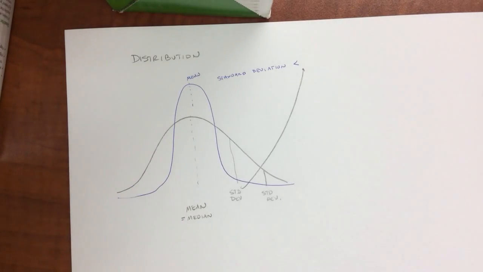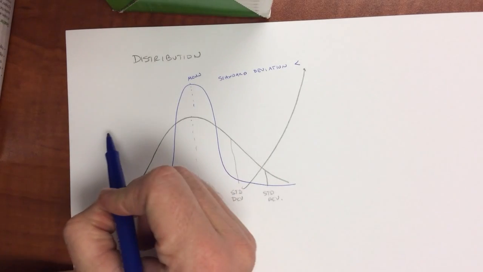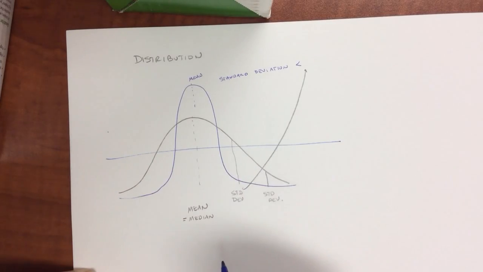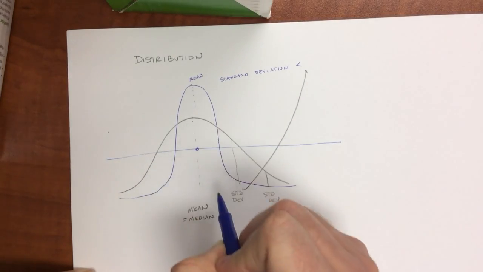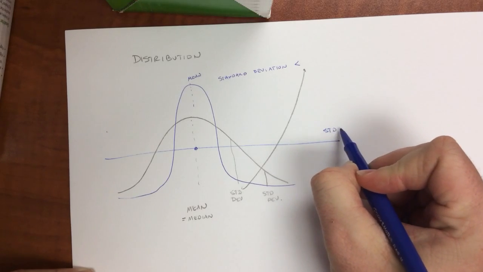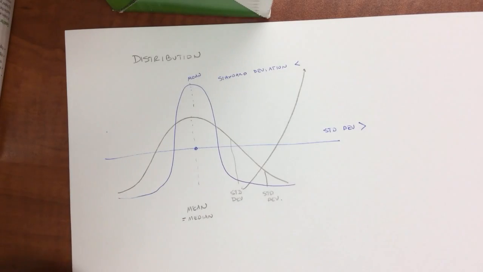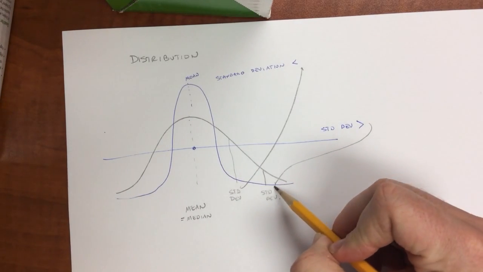So the mean and standard deviation tell me a lot about that data. Furthermore, if I add another data set or another distribution, something like this, the mean is still right here, but this standard deviation is going to be greater than this one right here.